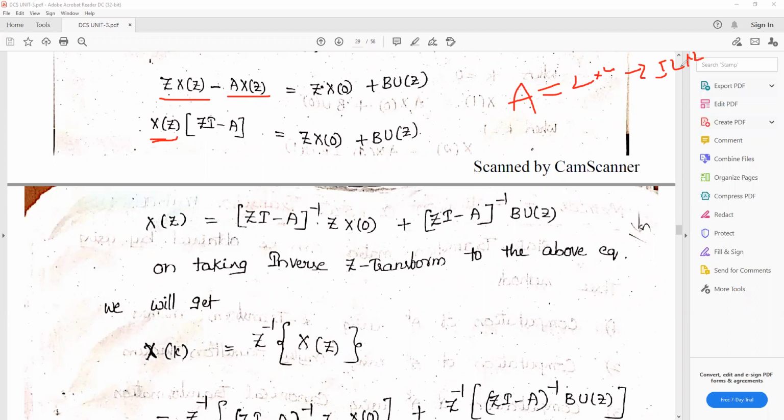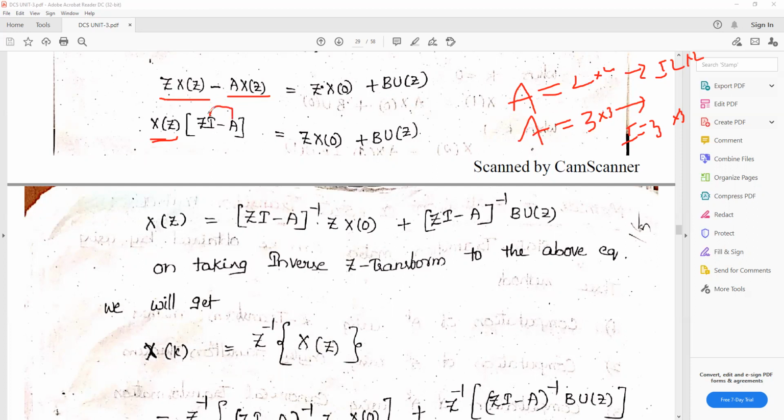If the A matrix is 3 by 3, the identity matrix is also 3 by 3. So x of z times zi minus a, where A is a matrix.